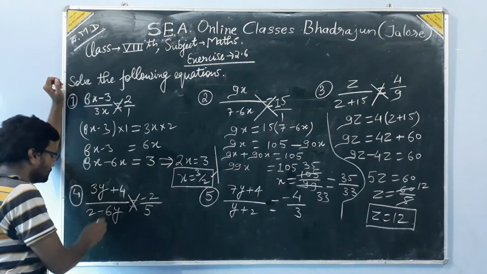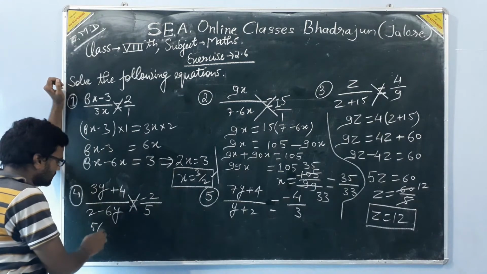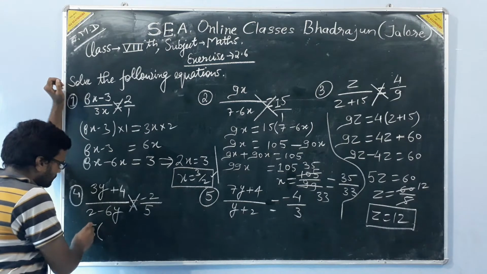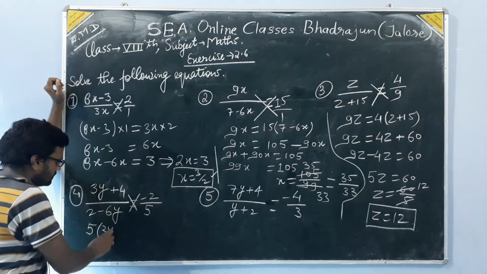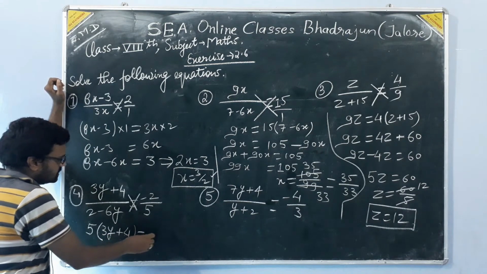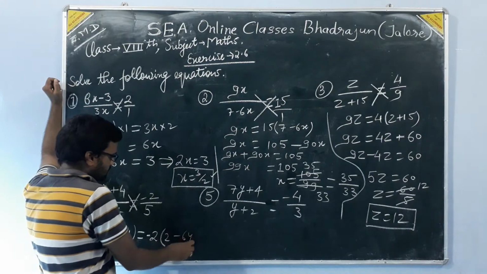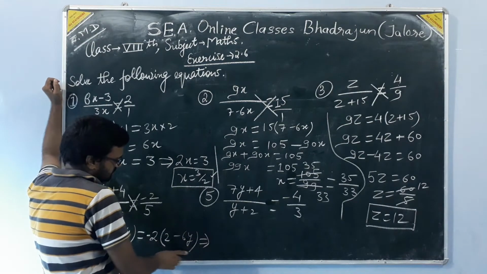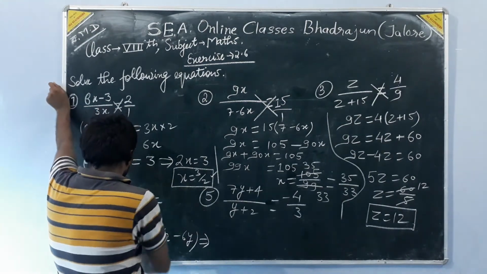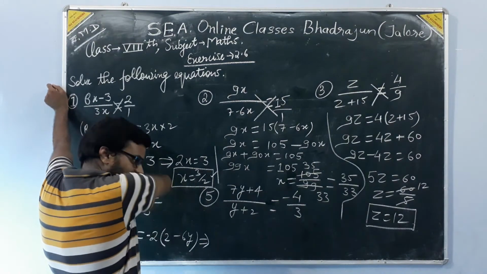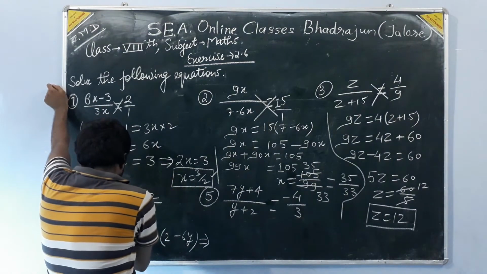Then what we will get is 5 multiplied with (3y plus 4) equals minus 2 multiplied with (2 minus 6y), which is equal to 5 multiplied with 3y, again 5 multiplied with 4.